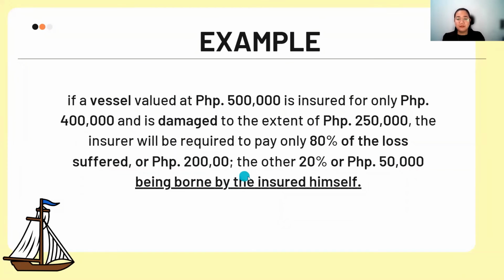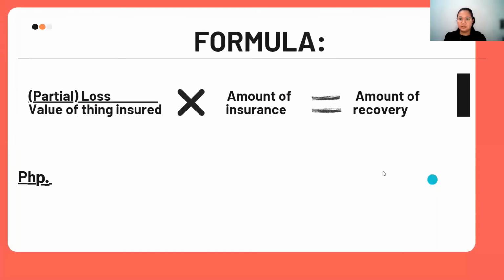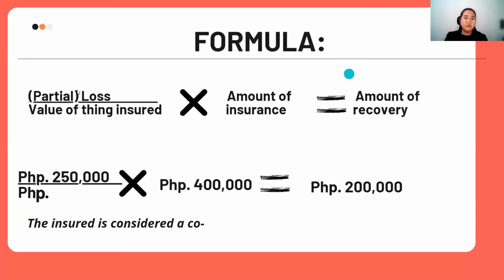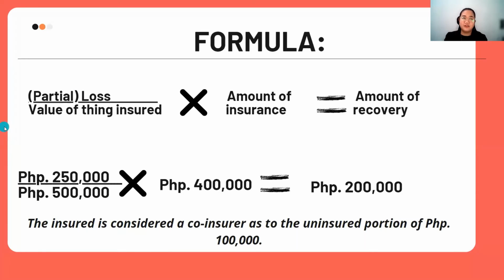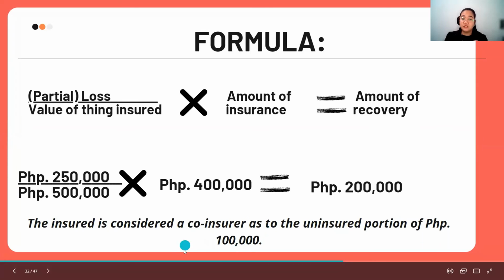The other 20%, or 50,000 pesos, is borne by the insured himself. So the insured is co-insurer here for the amount of 50,000, which is his share of the 100,000 pesos uninsured portion.